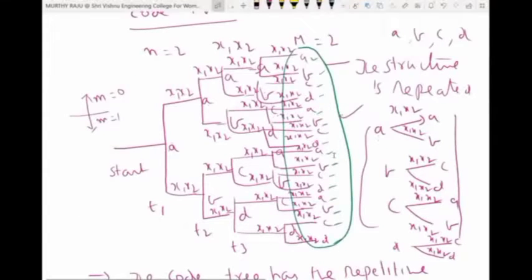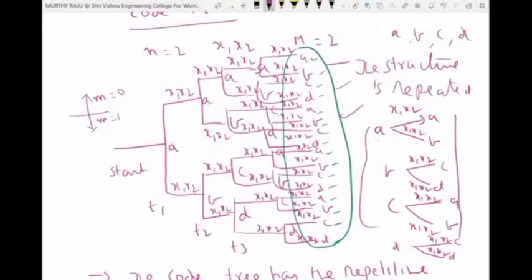Consider this code tree. After 3 levels, T1, T2, and T3 levels of that code tree, the code tree structure is repetitive in nature, as shown in the figure. Here A is the present state, and the present state, next states and output transitions are also shown in this figure.